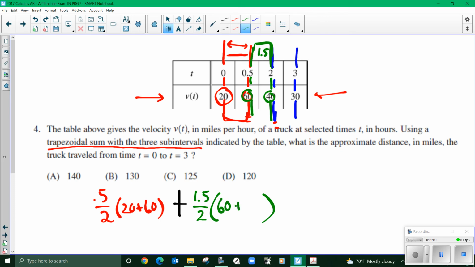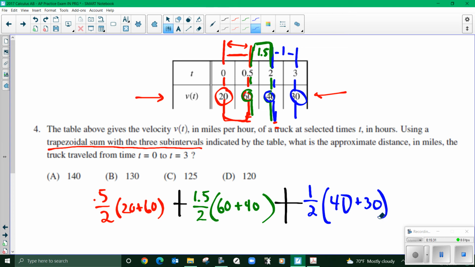So I just have 60 plus 40 plus my last subinterval has a width of 1 from here to here. So it's 1 over 2. And again, I just have bookends, 40 and 30. 40 plus 30.